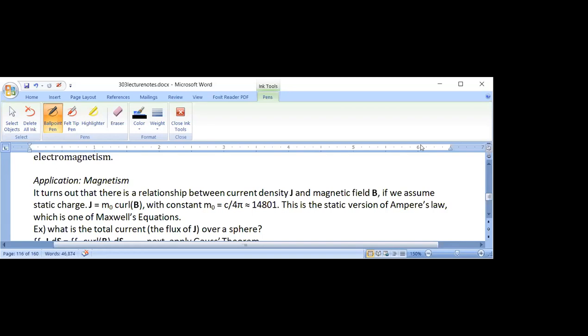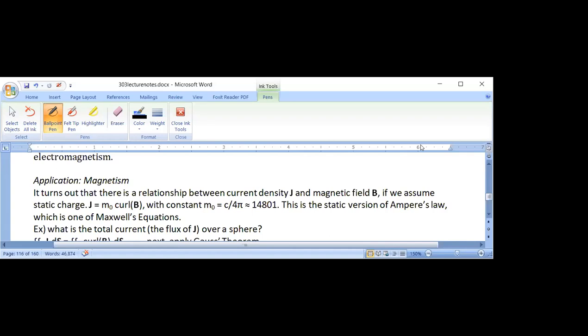It's C over 4 pi, which is approximately 14,801. As a physics fact, this is the static version of Ampere's law, which is one of Maxwell's equations. So there's the equation that we need with a little bit of background physics.